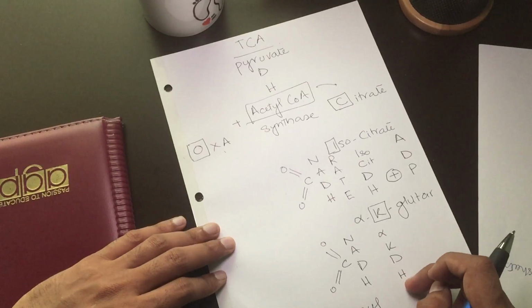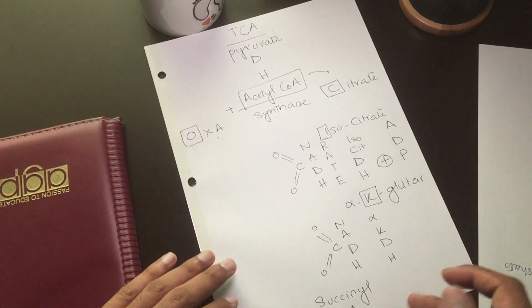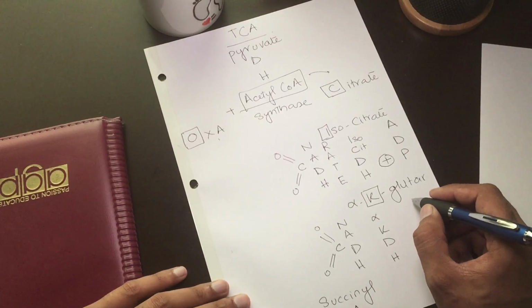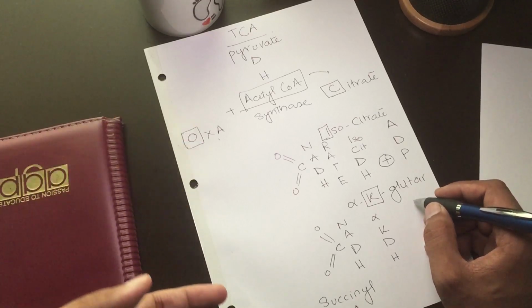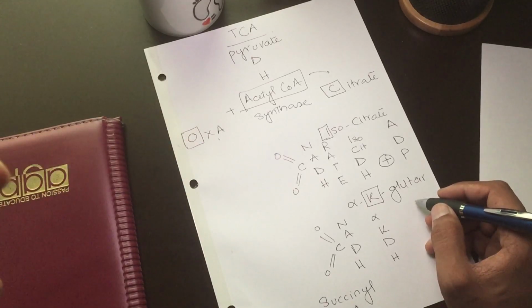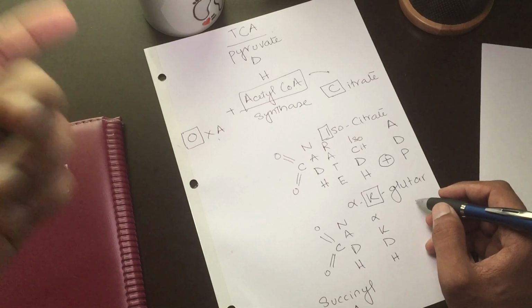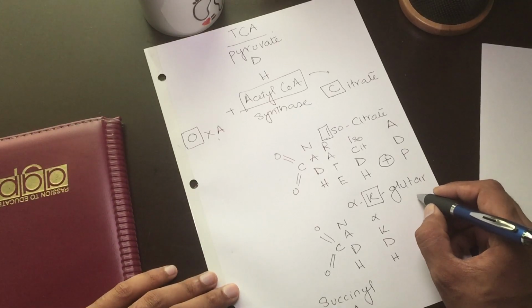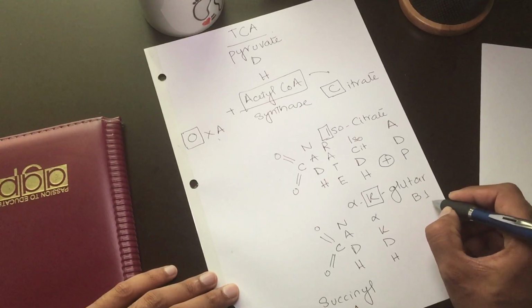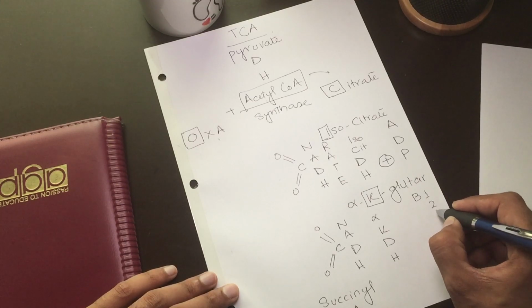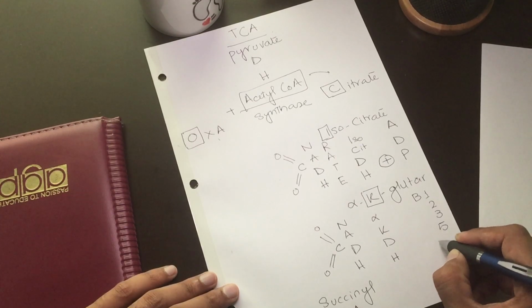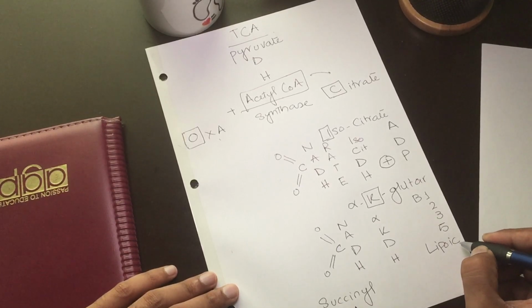To help this enzyme, alpha ketoglutarate dehydrogenase, we use the complexes which are also used by the pyruvate dehydrogenase enzyme: vitamin B1, vitamin B2, vitamin B3, vitamin B5 and lipoate or lipoic acid.